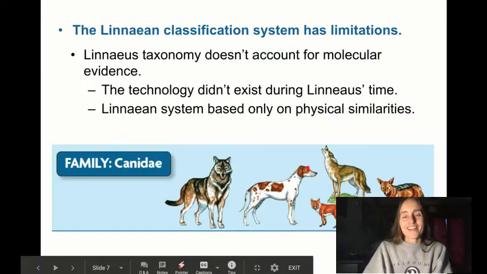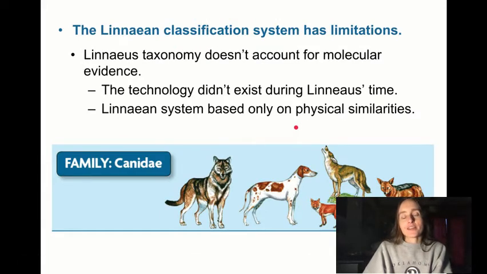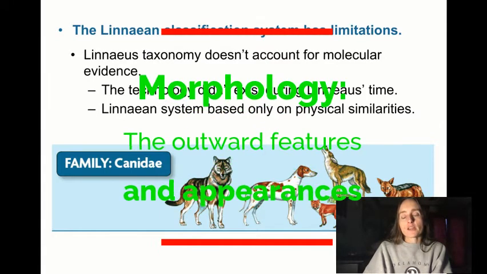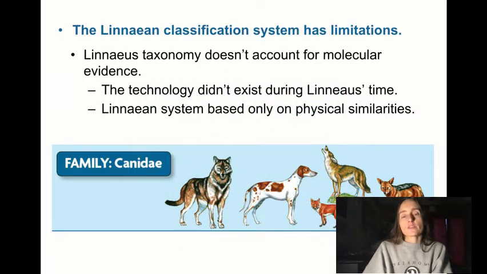Okay. So the Linnaean classification system is limited. It's based mostly on morphology, meaning what it looks like. Linnaeus doesn't account for molecular evidence, so it doesn't account for DNA, it only looks at what they look like.